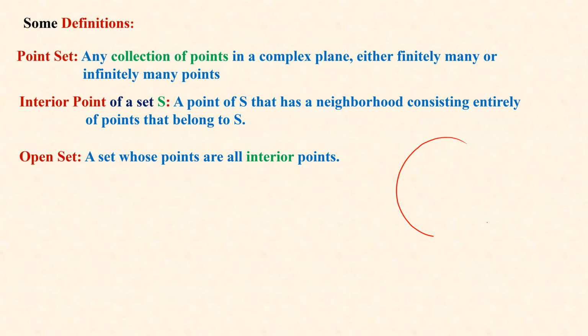For example, the open unit disk is like that. Any point that you take inside this has a neighborhood whose points are entirely in this. So all of its points are interior points.